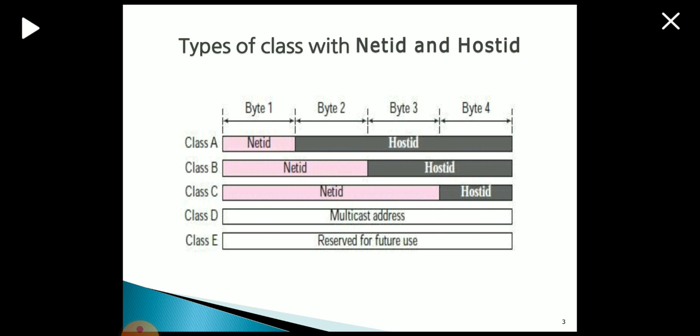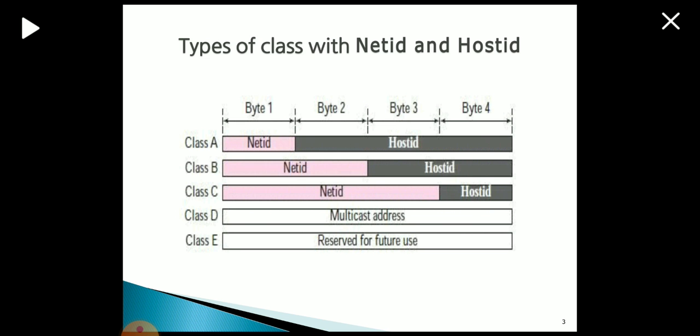Now, the classes are classified into network ID and host ID. As we know, the IP address is divided into network ID and host ID. Now we classify the classes A, B, C, D and E according to the network ID and host ID. Class A is divided into network ID and host ID, where 1 byte is reserved for network ID and 3 bytes are reserved for host ID.